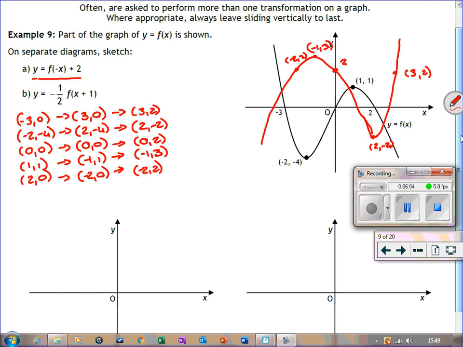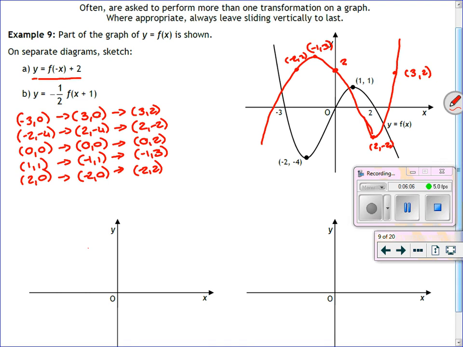So we have minus 1, 3 was the maximum turning point. We had minus 2, 2 was a point here. We have 0, 2 is a point here.